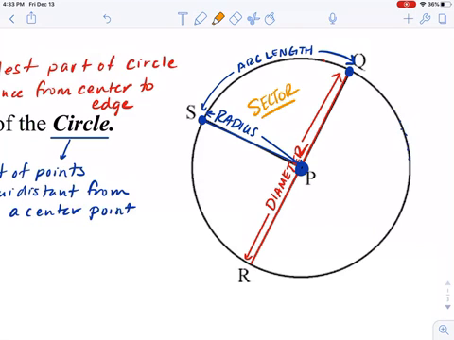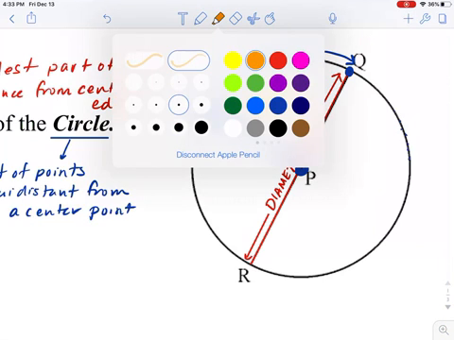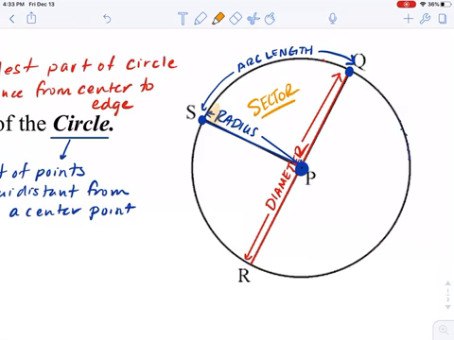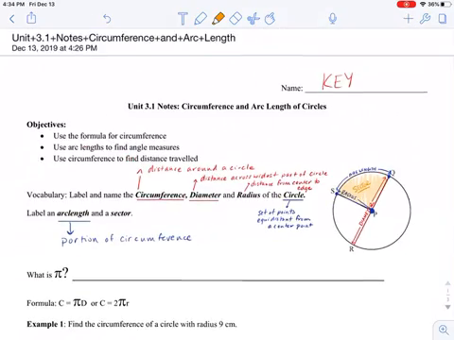So again, a sector is this area. That's a sector. We can think of it as a pie piece.